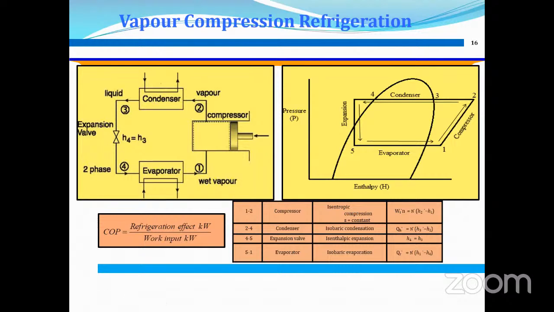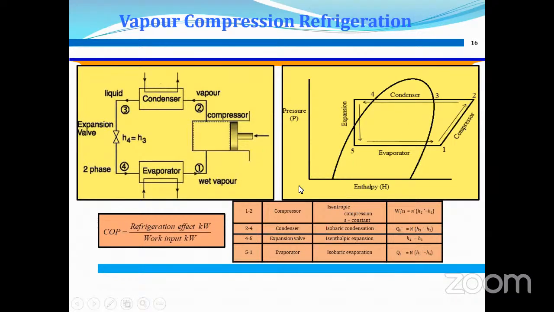Coefficient of performance. The COP is the refrigeration effect in kilowatts divided by the work input in kilowatts. So it is very, very important for the refrigeration cycle in a vapor compression system. Based on the COP only, we will get the refrigerating output.